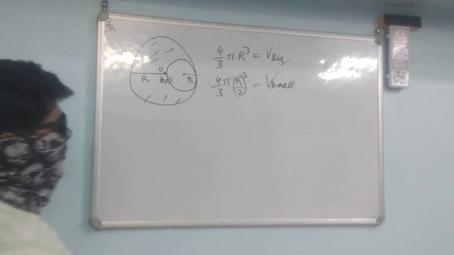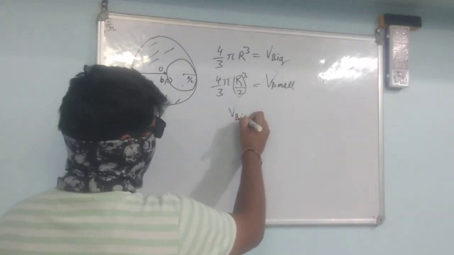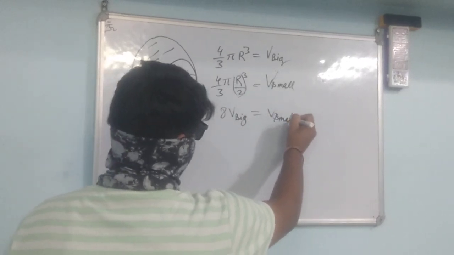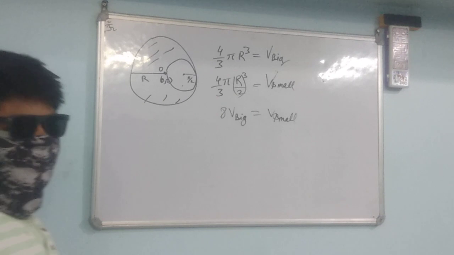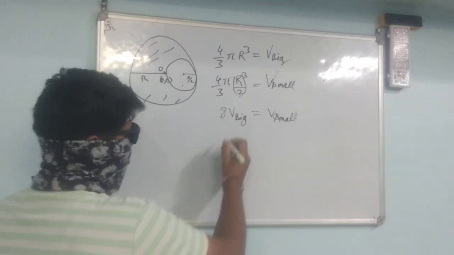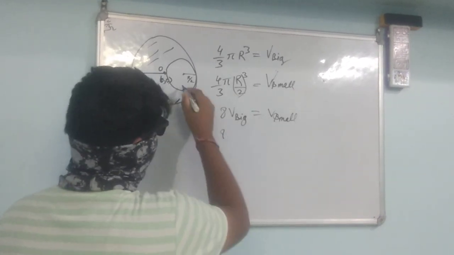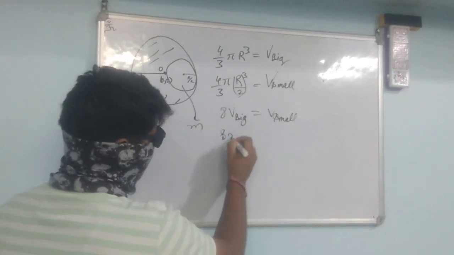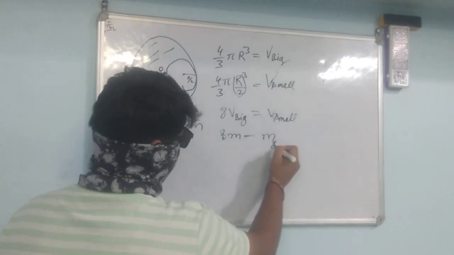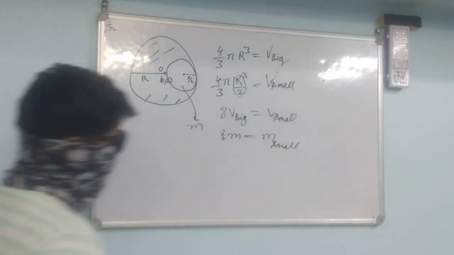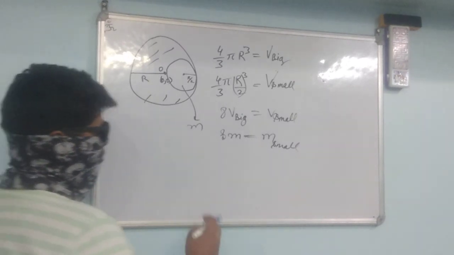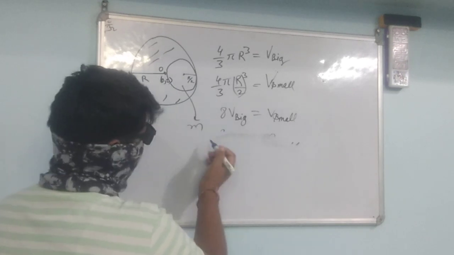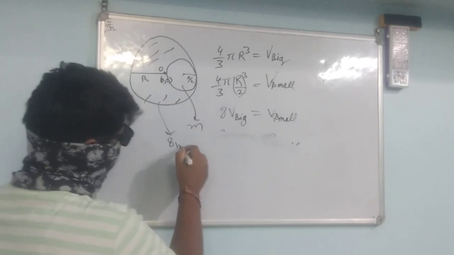So we found a relationship that the volume of the big sphere is 8 times the volume of the small sphere. As we know, volume is directly proportional to mass. So if the mass of the small sphere is m, then the big one will be 8m. Means if we assume the mass of this is m, then this will be 8m.